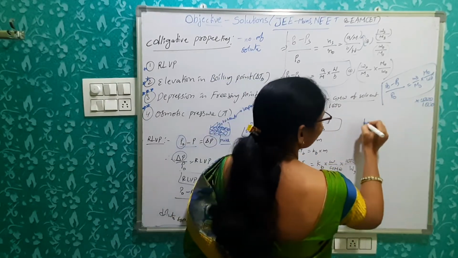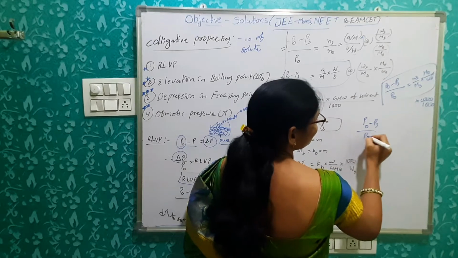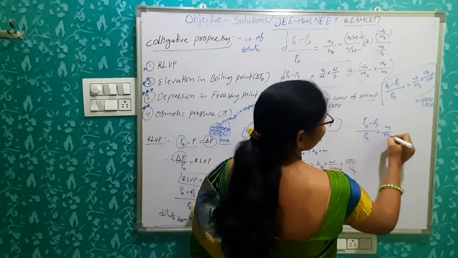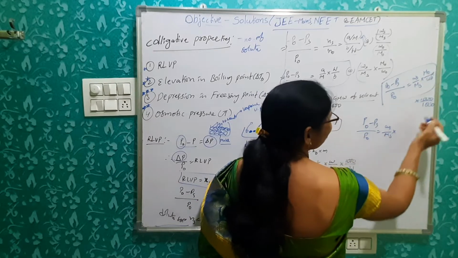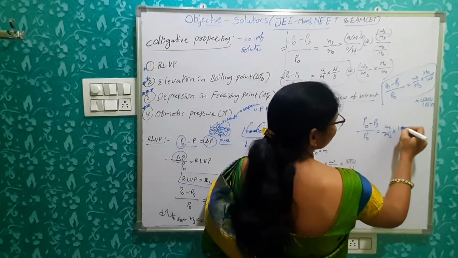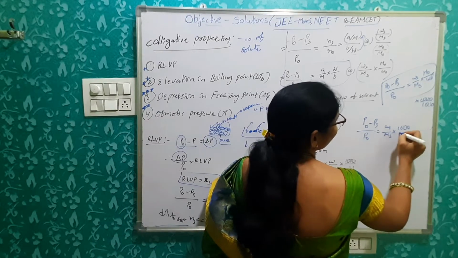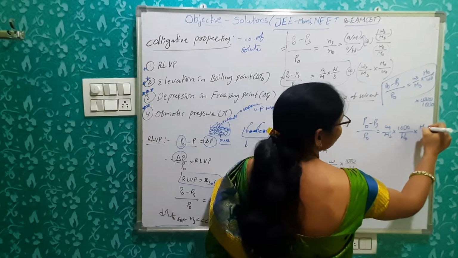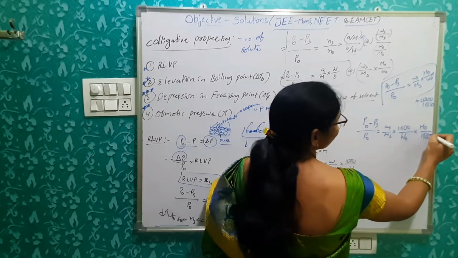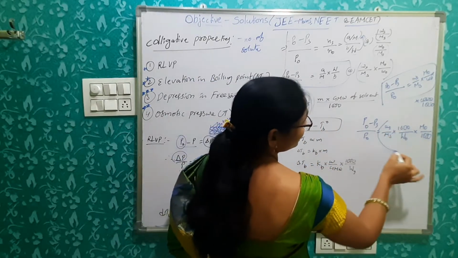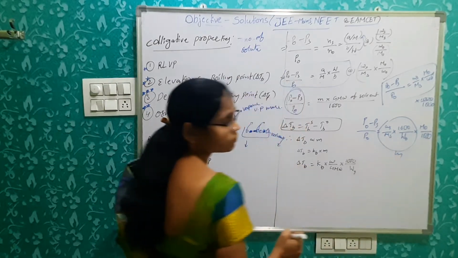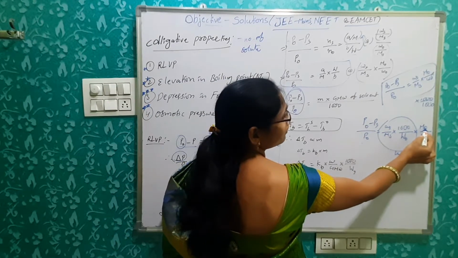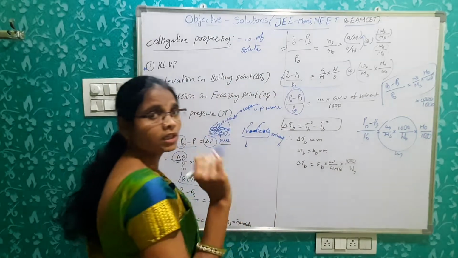So P0 minus PS by P0 equals WS by MS into 1000 by W0 into M0 by 1000. This is simply molality. So P0 minus PS by P0 equals molality into gram molecular weight of solvent by 1000. Clear, everybody?